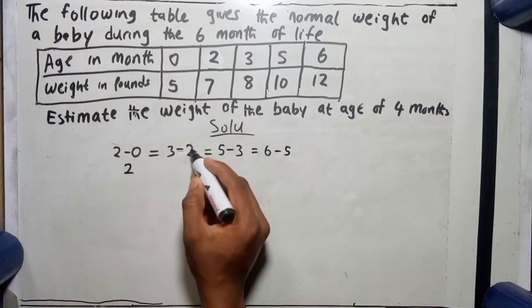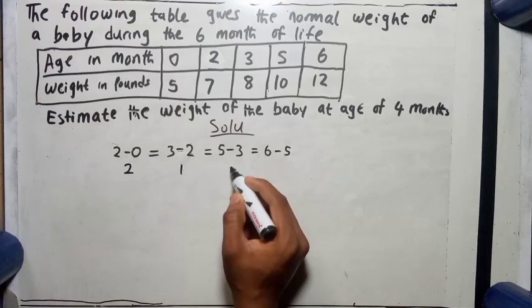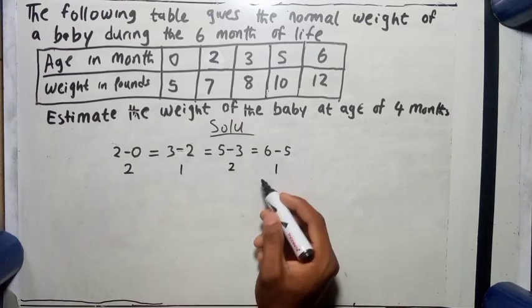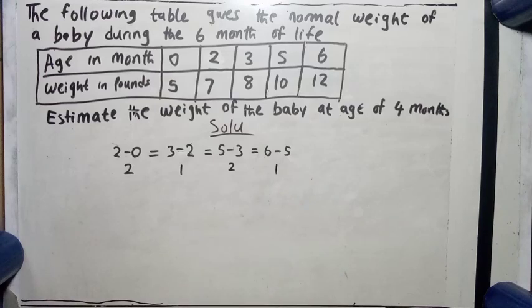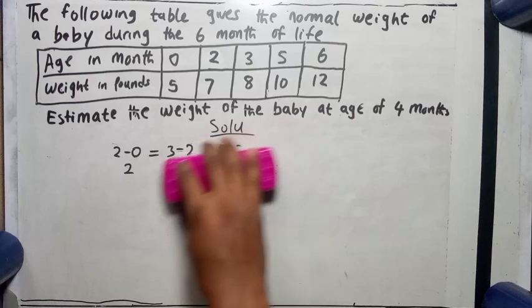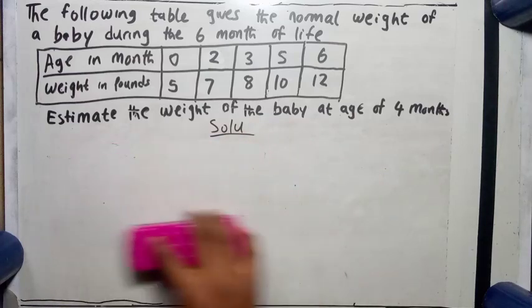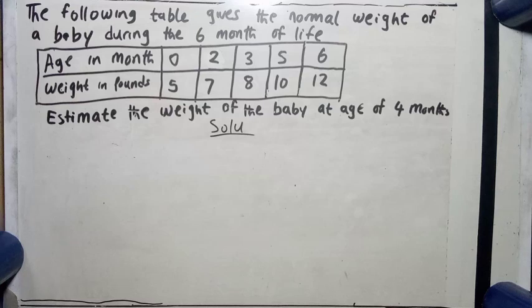Here we're having 2, here we're having 1, here we're having 2, here we're having 1. So they are not equal. So for this reason, Newton's forward and backward and binomial methods cannot be used in this case. The only one that will work is Lagrange's method.